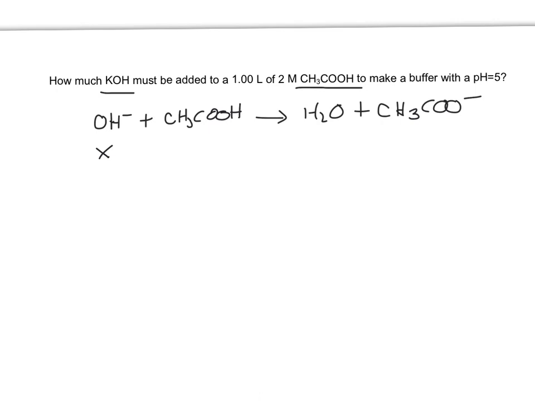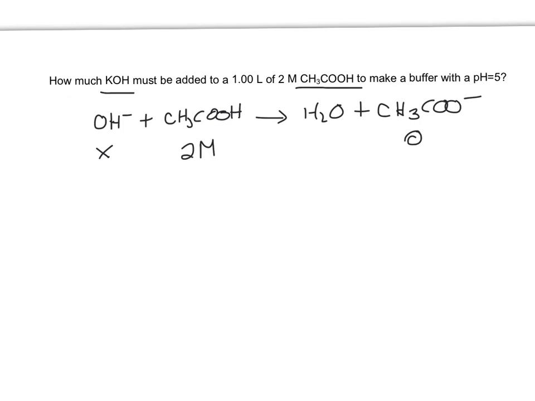I have 2 molar. So I'm going to write 2 molar here. I don't care about my water. My acetate to start with is 0 because I didn't start with any acetate. I just started with my acetic acid and my potassium hydroxide.